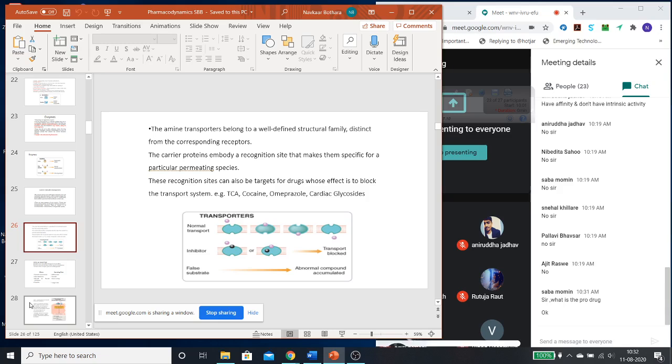Because it is required for the further synthesis or repeat synthesis. Okay. If we block this transporter, then the amount of neurotransmitter going back will be less. Initially it will increase the concentration in synapse, but eventually it will cause a decrease in the formation of neurotransmitter, and slowly it will cause decrease in that activity. So this is how the transporter blockers are acting.